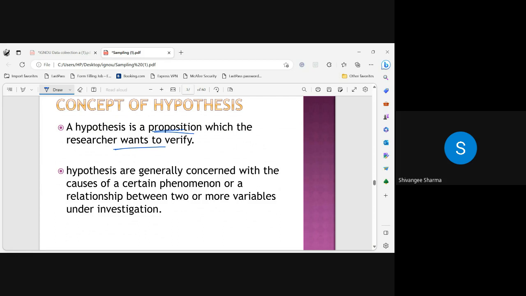Hypotheses are generally concerned with the causes of a certain phenomenon or a relationship between two or more variables under investigation. The research which I mentioned about vanilla ice cream will have many variables. The first variable will be the level of satisfaction.